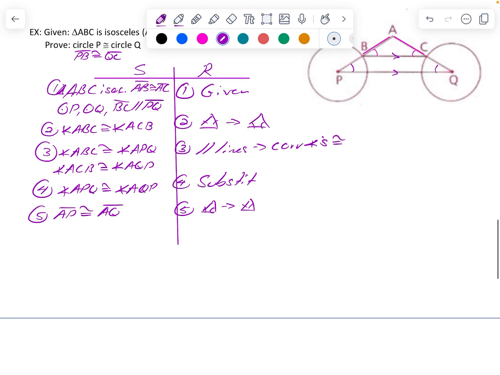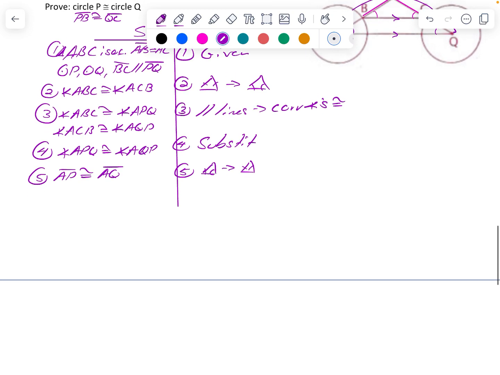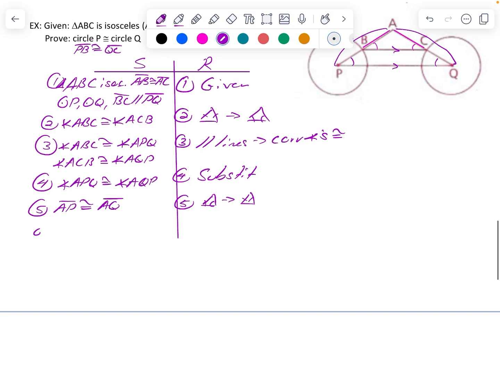And so we have the whole thing congruent now to each other. And then we have the pink parts congruent. So that means we can say PB is congruent to QC because congruent segments minus congruent segments equal congruent segments.